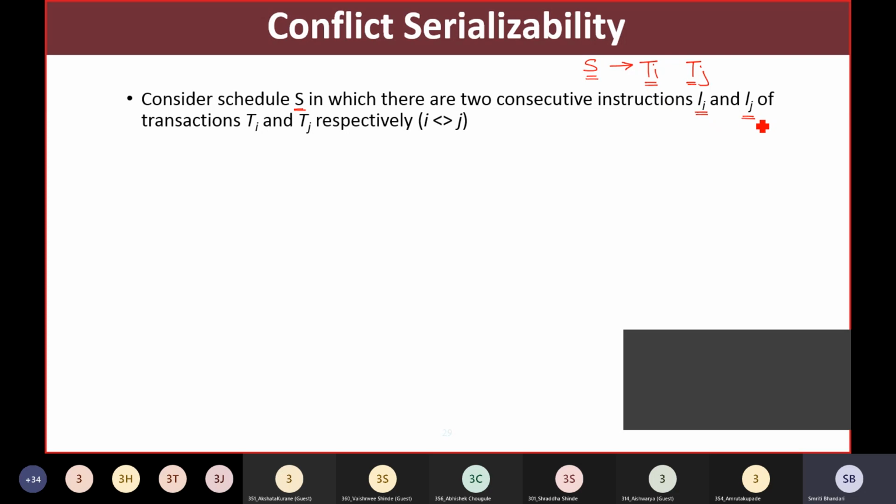Let us denote that II is the instruction from transaction TI and IJ is the instruction from transaction TJ, and these two instructions are consecutive in our schedule.